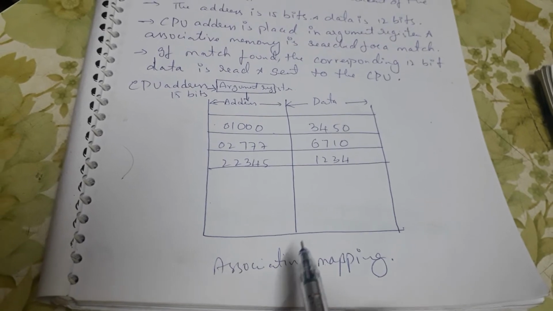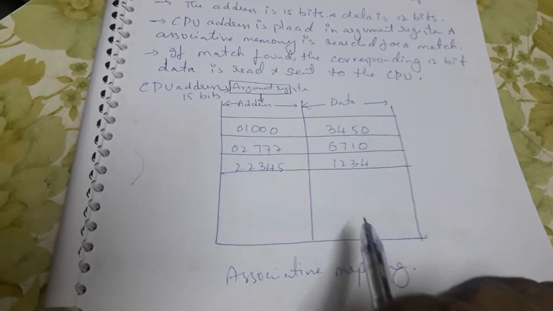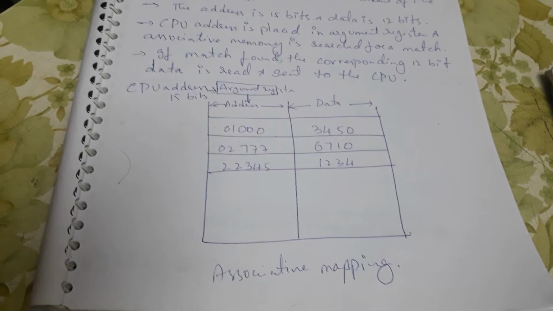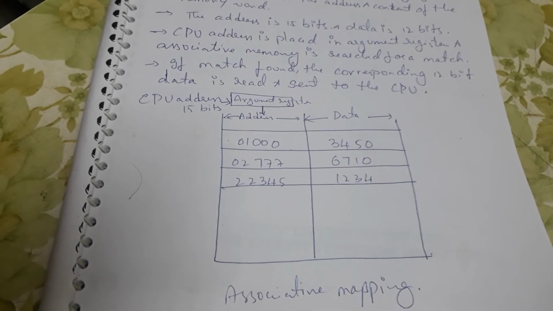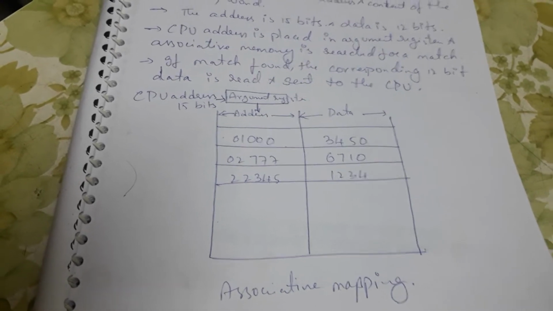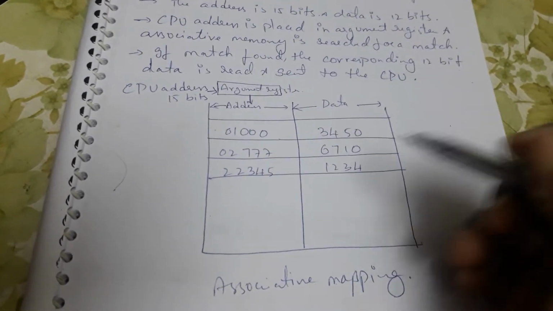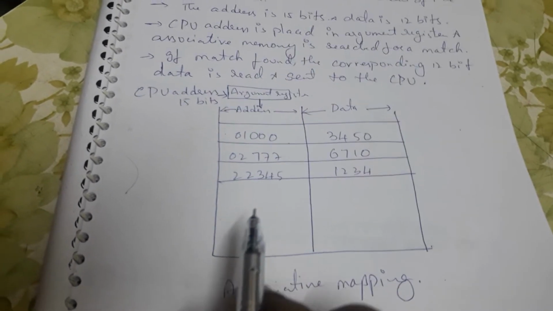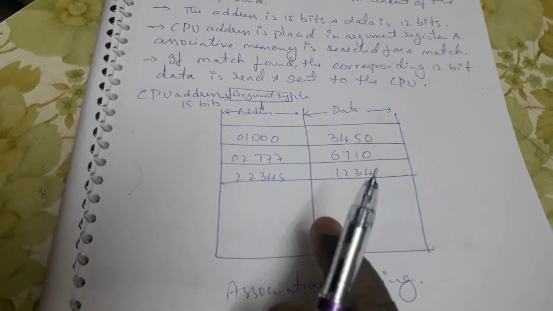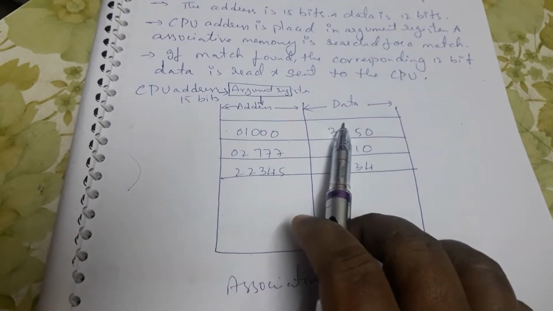In the construction of this cache memory, we have used associative memory, where the data is searched with respect to the address, and then the data is retrieved. In this associative mapping, the cache memory stores address and data pairs.